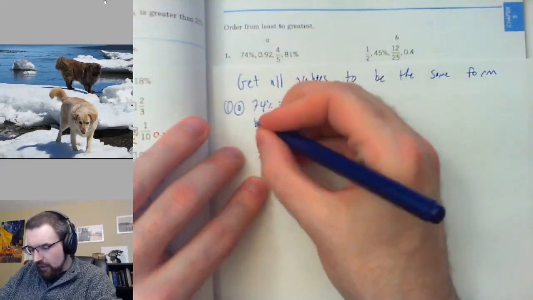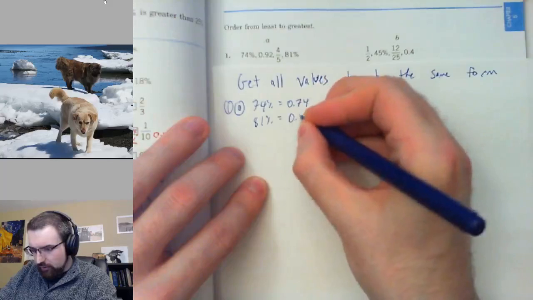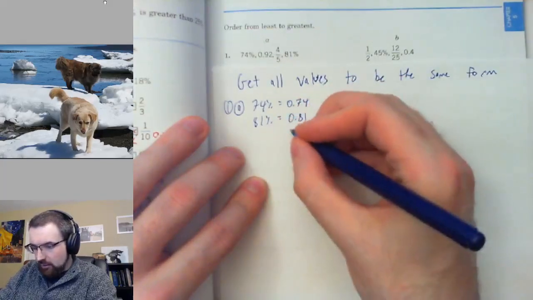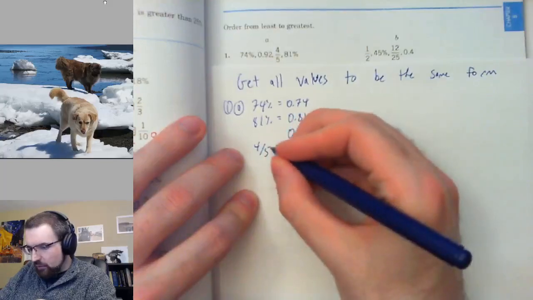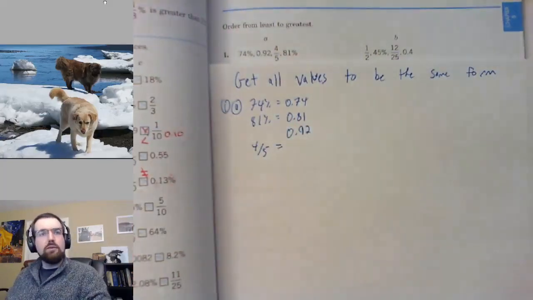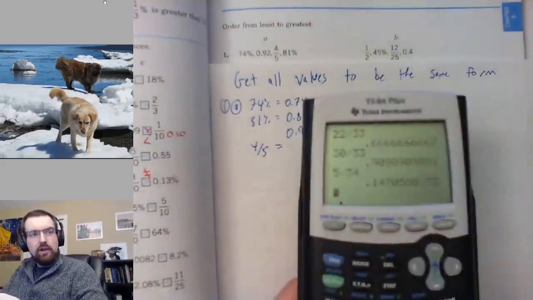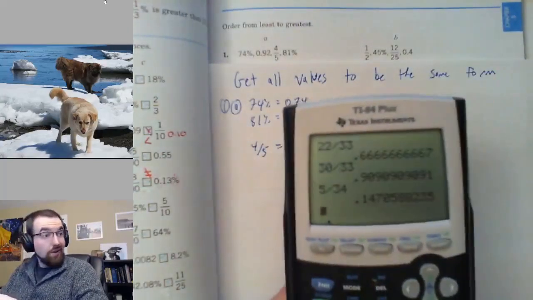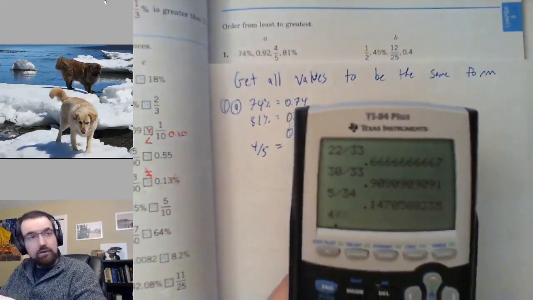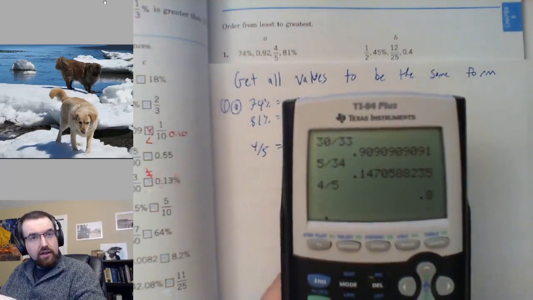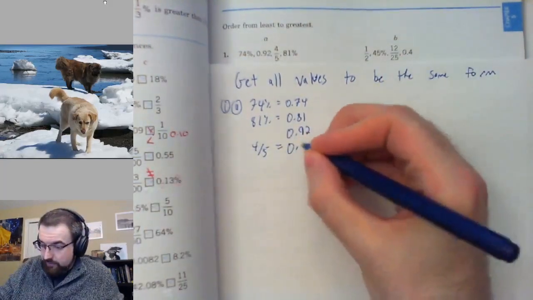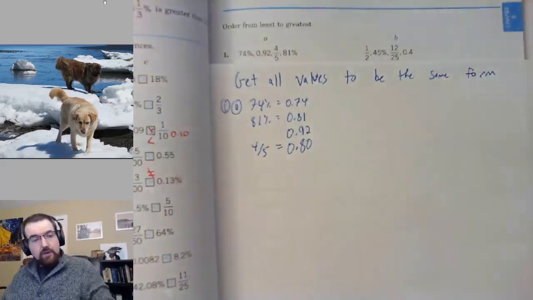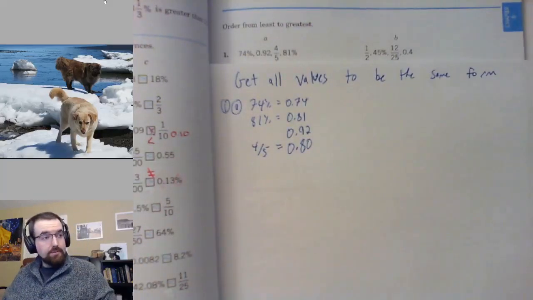We also have 81% equals 0.81, pretty easy. Then we have 0.92. We have 4 over 5. Well, how do we get 4 over 5 to be a decimal? Well, all you got to do, because for this course and all the ones following, you can indeed use a calculator. So I'm just going to go 4 over 5 on here, get a 0.8. There we go.